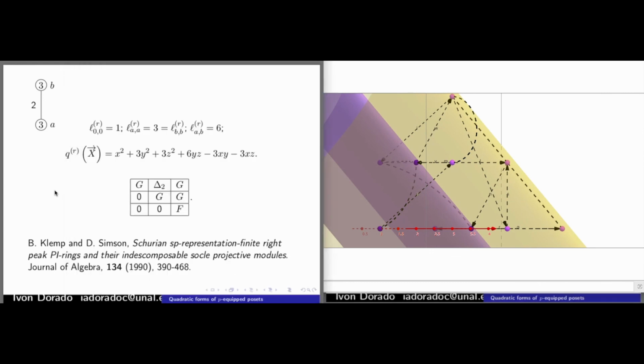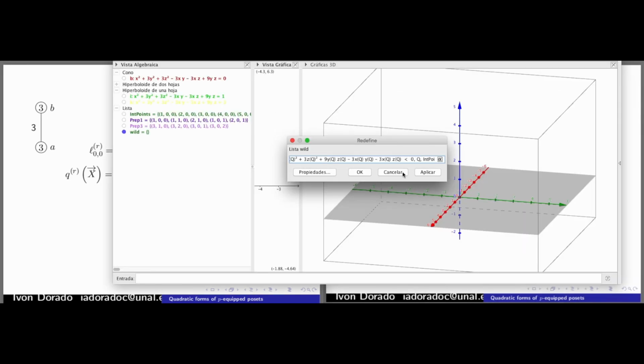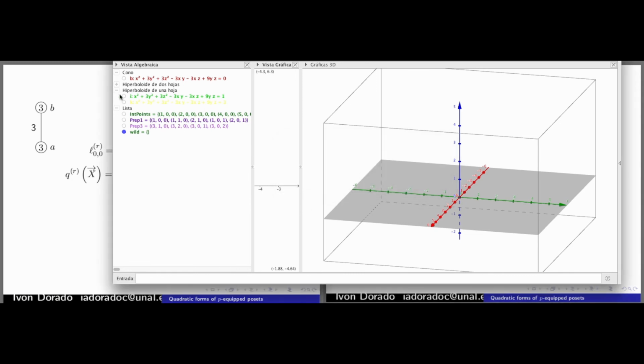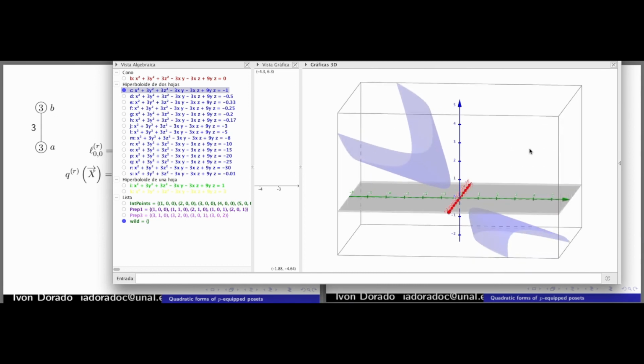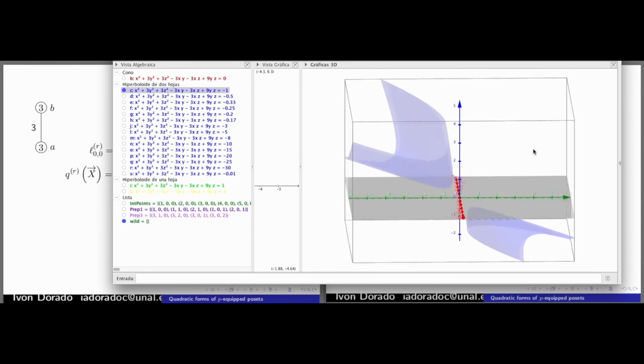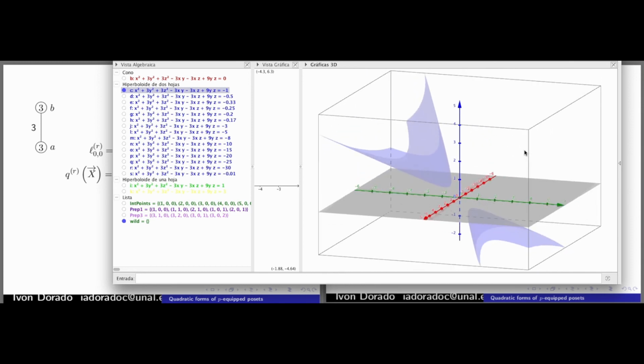Now let me show you the third example. This is a poset with 2 weak points in relation 3. This is the quadratic form, and let me see first if it can be a wild poset. We choose again the points which evaluated in the quadratic form are less than 0, and notice that this list is empty, but this is the quadratic form equal to -1. This is a hyperboloid, but it has no intersection with the first octant, so there are no points with natural coordinates on this hyperboloid.